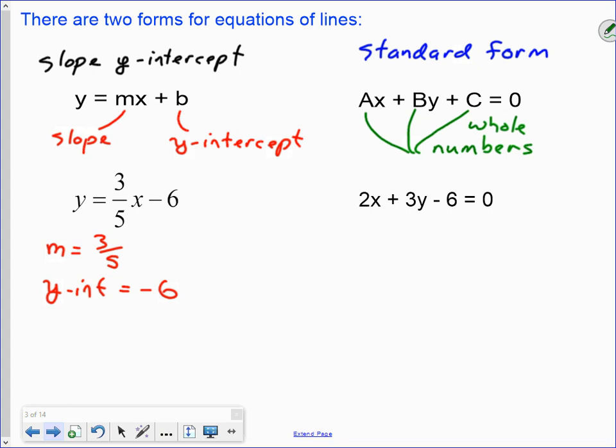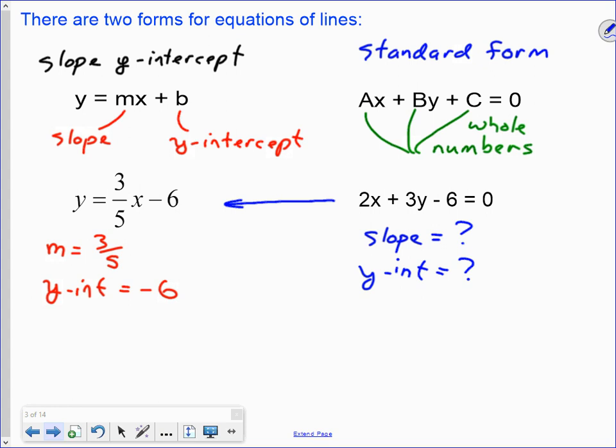When we look at standard form, it's like I don't know what the slope is. I don't know what the y-intercept is. Okay. So if they give us an equation in standard form and they want us to graph it, or they ask us the slope or the y-intercept, we're going to want to take this and convert it into this form. Okay.